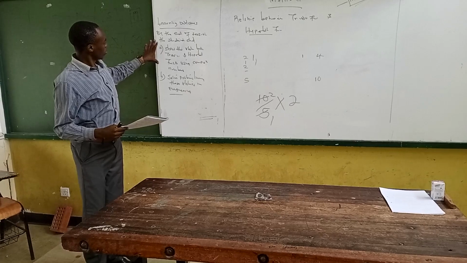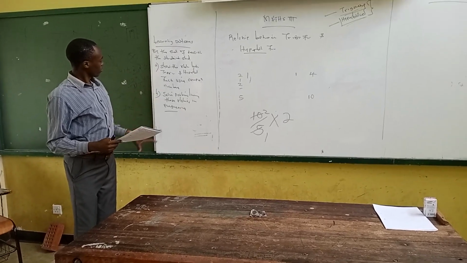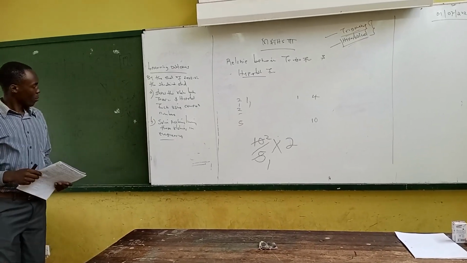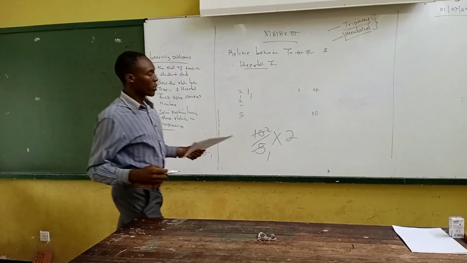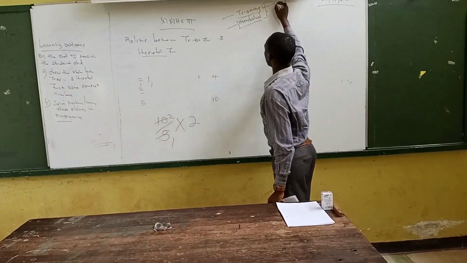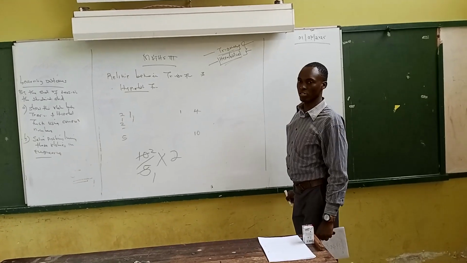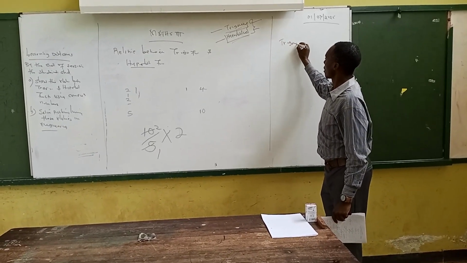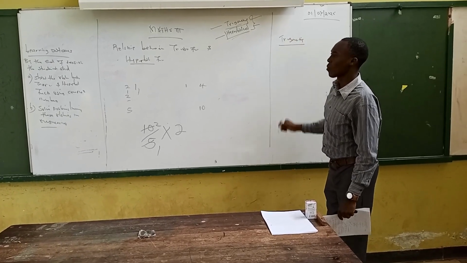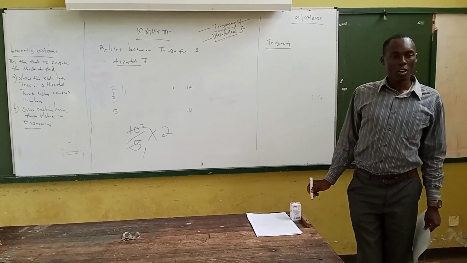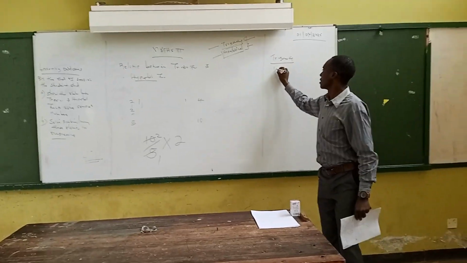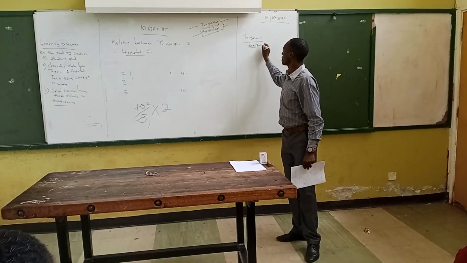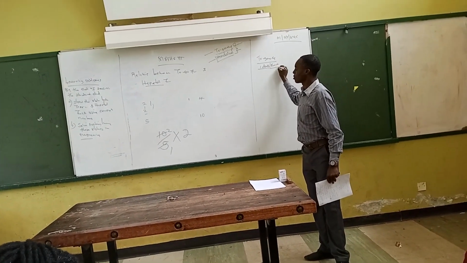Now, before we go to the session of today, we must get a recap of what we have done under the trigonometry and hyperbolic functions. We will start with trigonometry, where we must know the identities or basic functions of trigonometry.